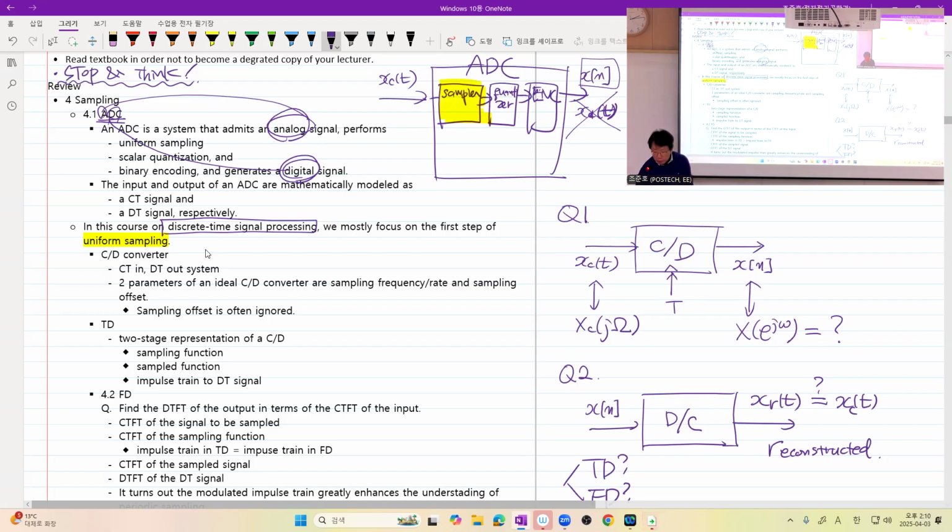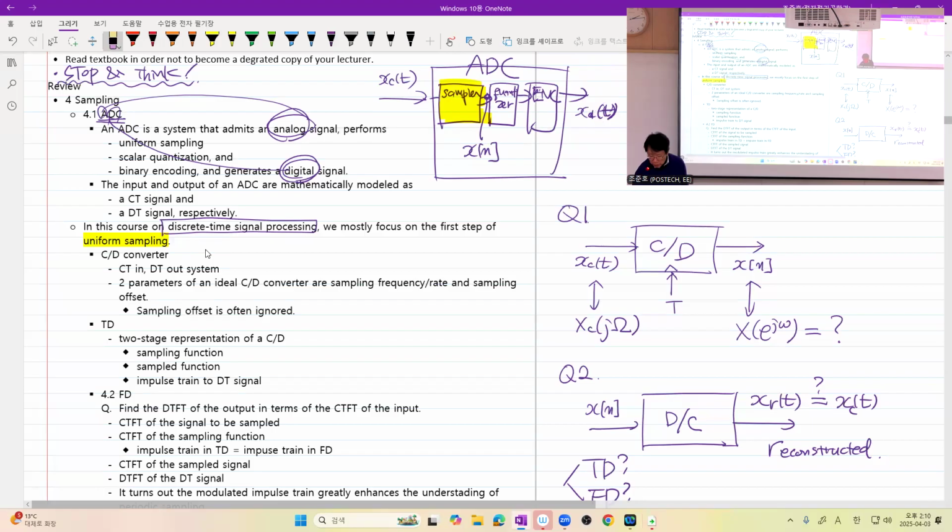Got it? So not only here, this is actually after quantization and encoding. So what can I say? This signal is actually x[n]. And okay, let me revise.